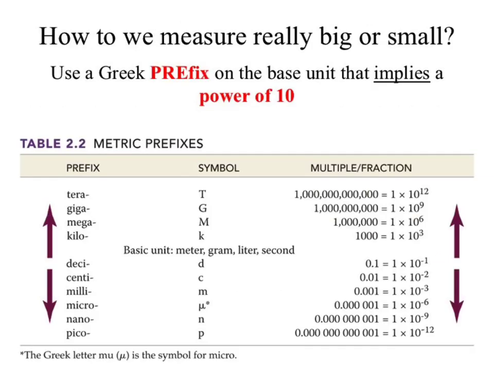Powers of 10 come back again. What we're talking about is memorizing what those prefixes mean according to the powers of 10. So if I say milliliters, what am I saying? What does milli mean? What does that lowercase m mean?